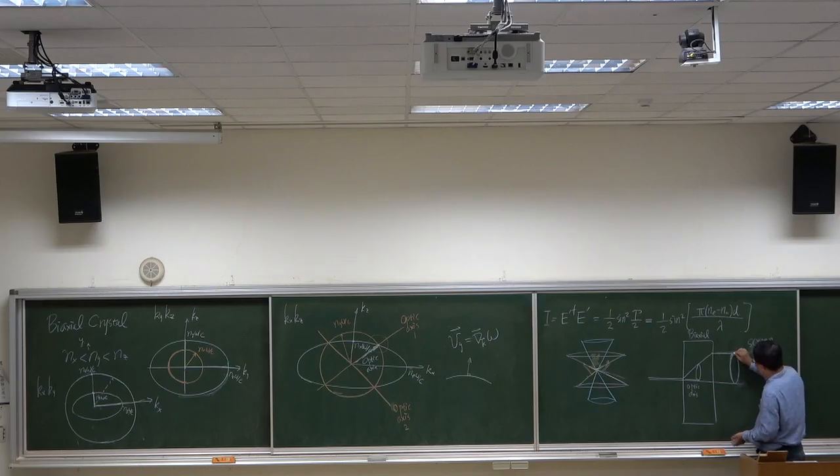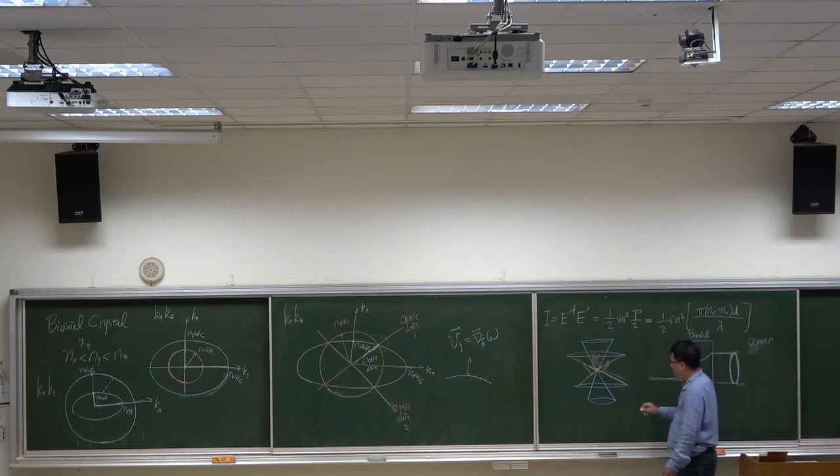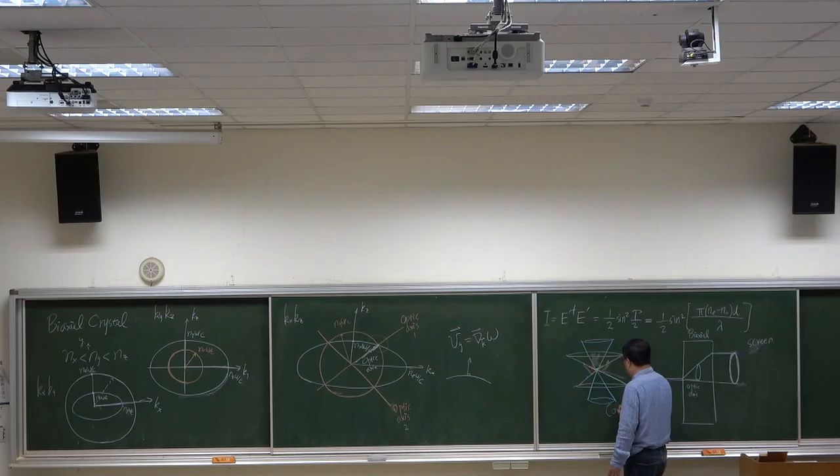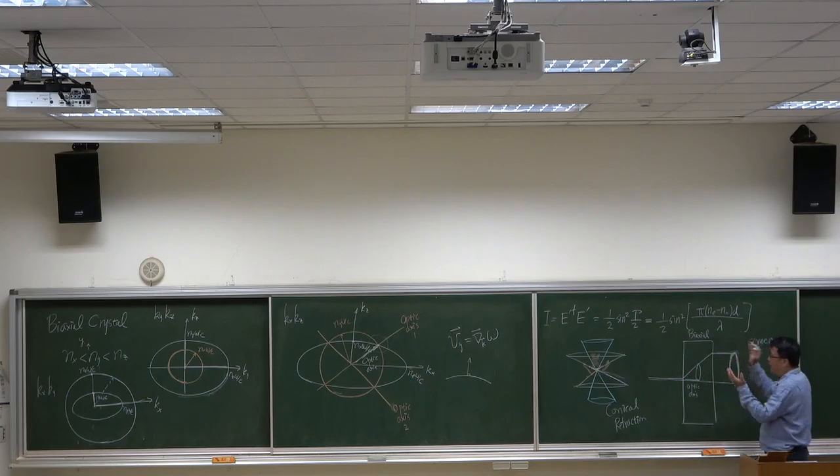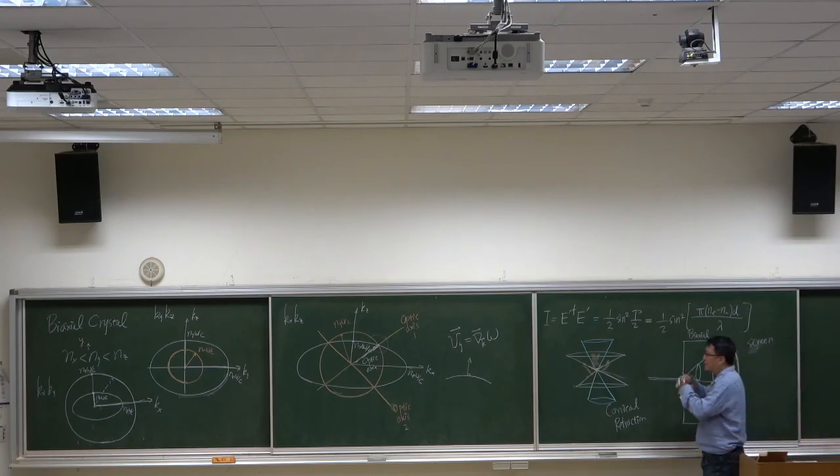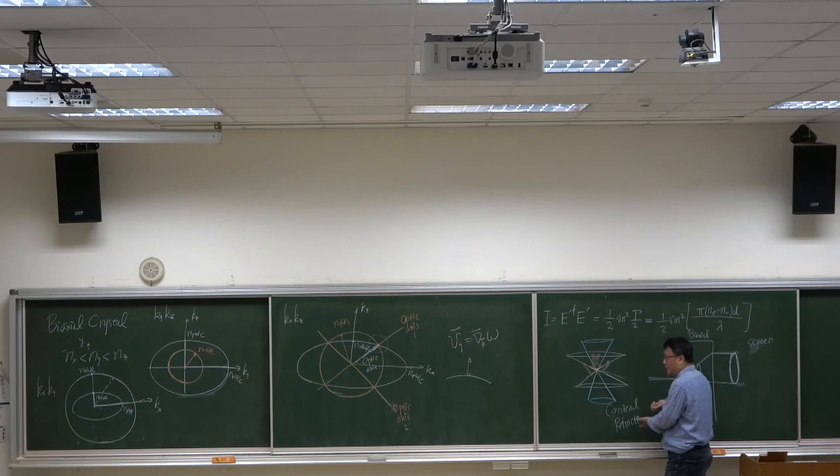This ring-shaped refraction phenomenon is called conic refraction. Then I will derive the details about the conic refraction next hour.